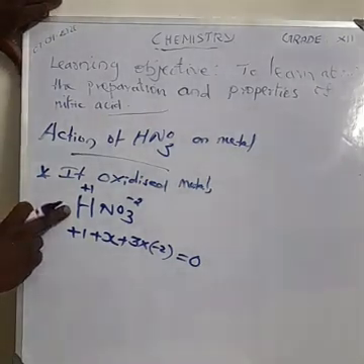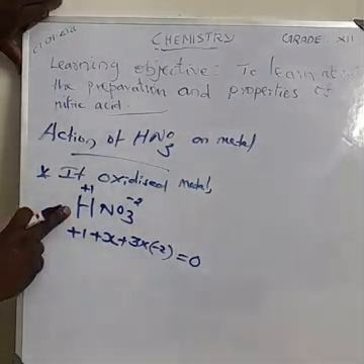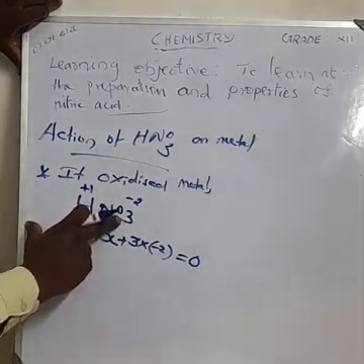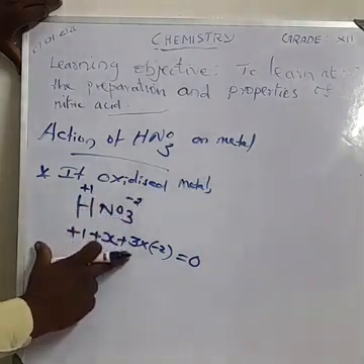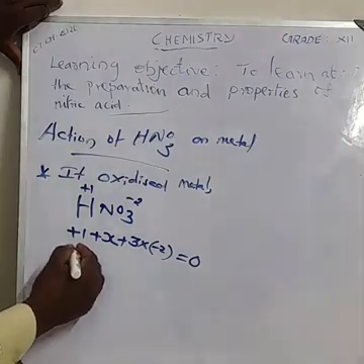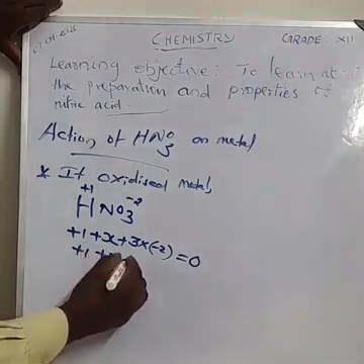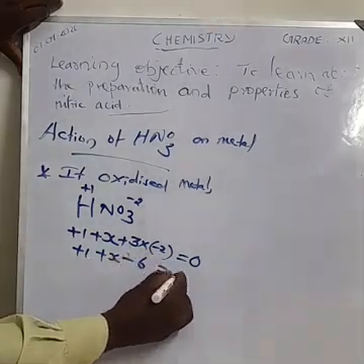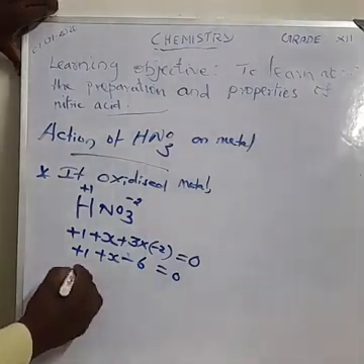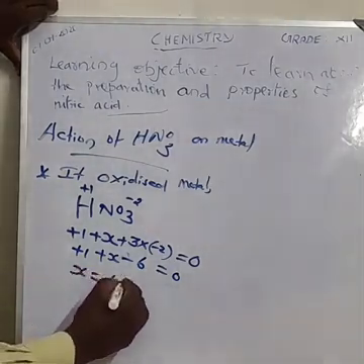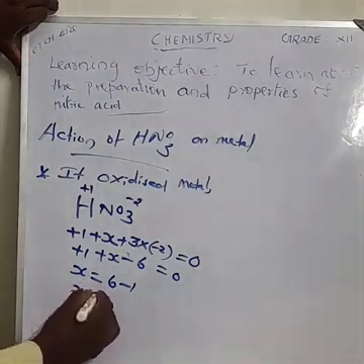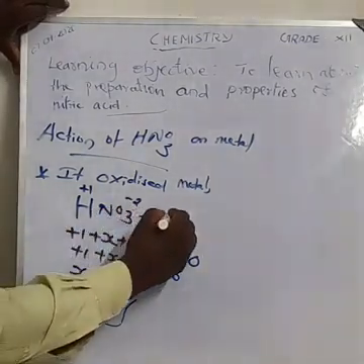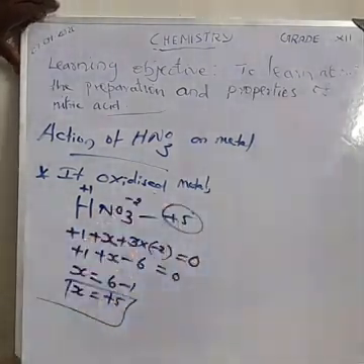So +1 plus X plus -6 equals 0. So X equals 6 minus 1, X equals +5. So the oxidation state of nitrogen in nitric acid is +5. Clear? You should calculate each one.